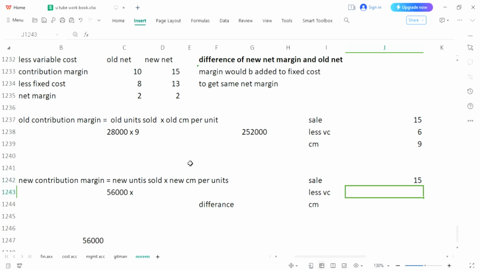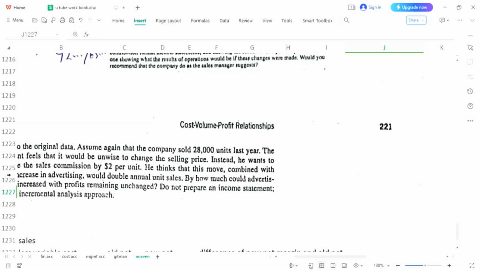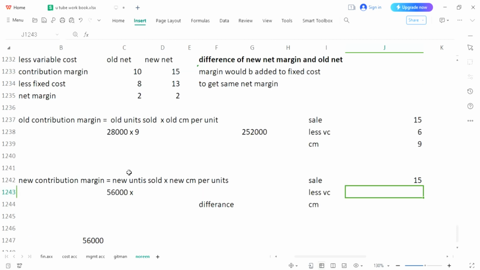and your variable cost would be changed as he is increasing by $2 per unit. Sales commission of 2 per unit is a variable cost. So we will increase our variable cost. Old variable cost was 6 and $2 as commission, so your variable cost would be increased by 2.